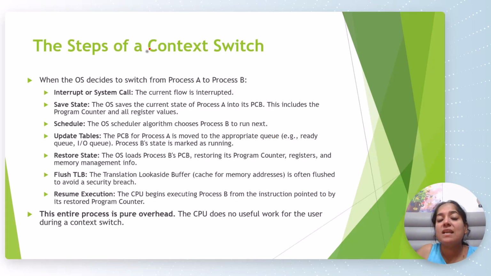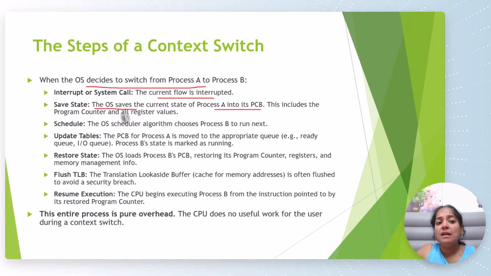So, what are the steps of a context switch? When the operating system decides to switch from process A to process B, the current flow is interrupted. Process A is executing currently, so you need to stop it. When you stop it, first of all, you save the state of process A into its PCB.